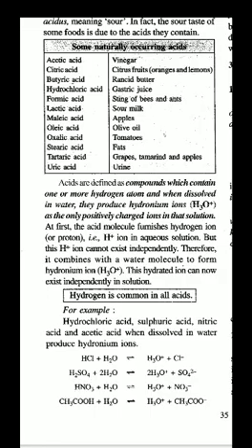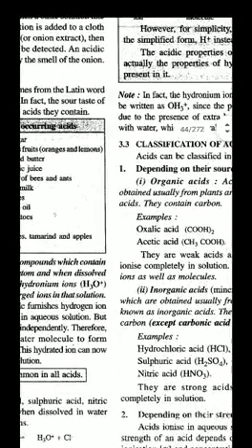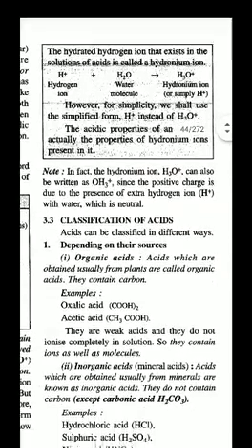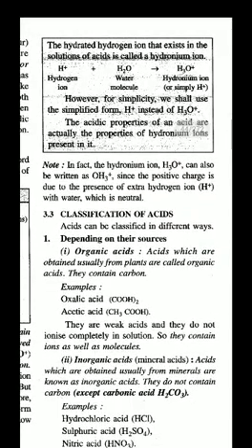Hydrogen is common in all acids. Children, here we have the example of hydrochloric acid, which is converted into H3O+ hydronium ion and Cl-. Now children, the hydrated hydrogen ion that exists in the solution of an acid is called the hydronium ion. The acidic properties of acids are actually properties of the hydronium ion.